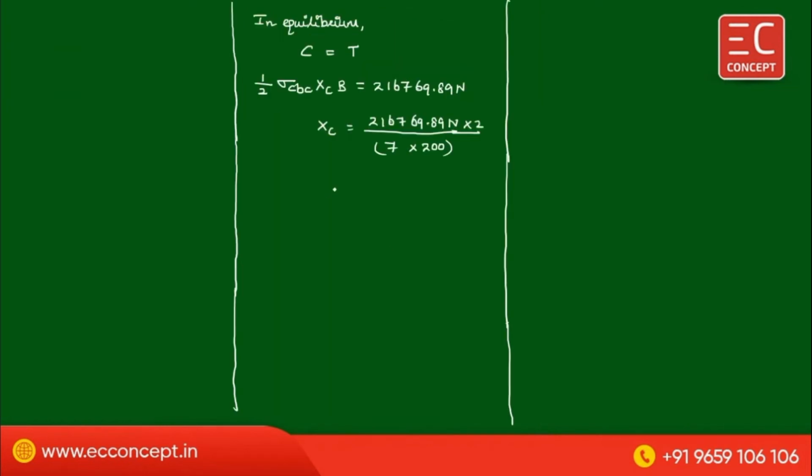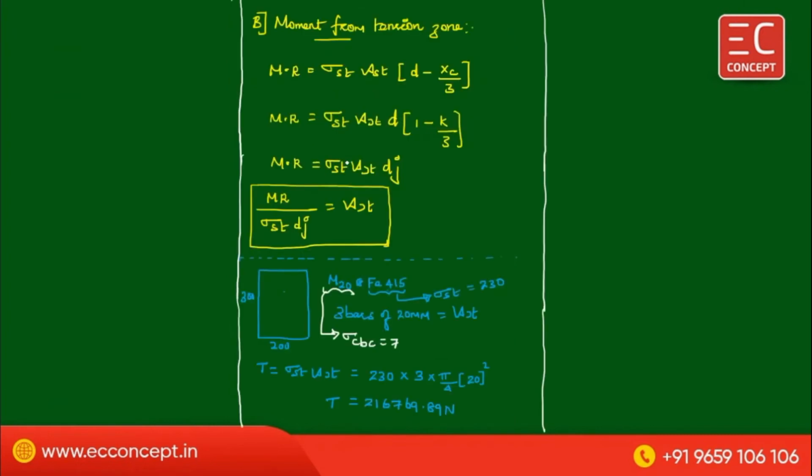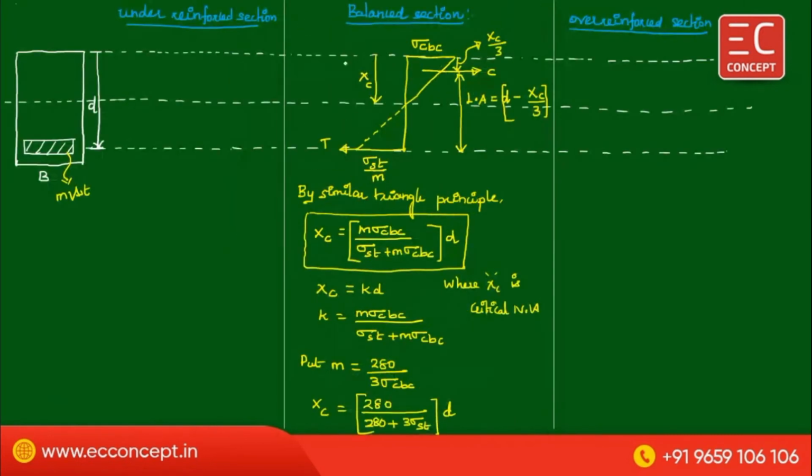Finally you will get Xc approximately 310 mm. So your critical neutral axis is 310 mm. This distance, as per the example, is 310.